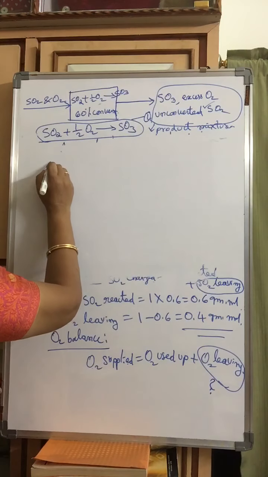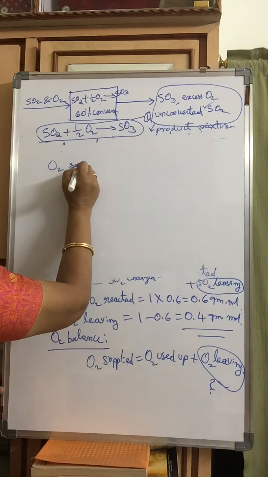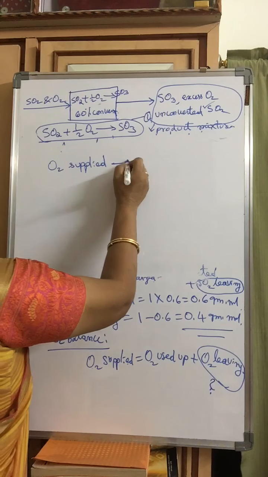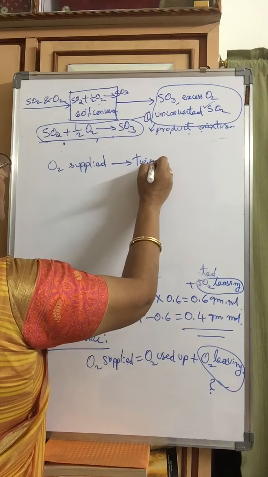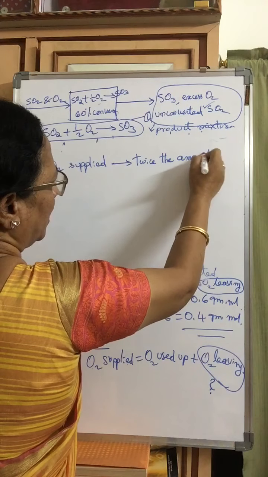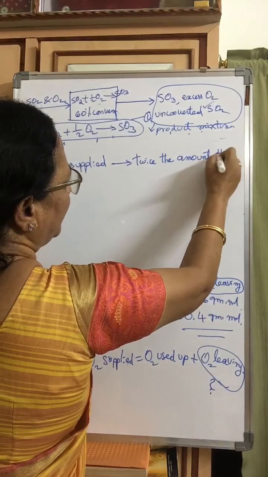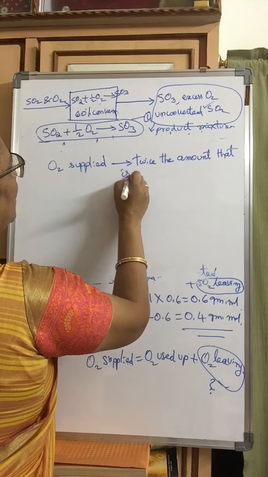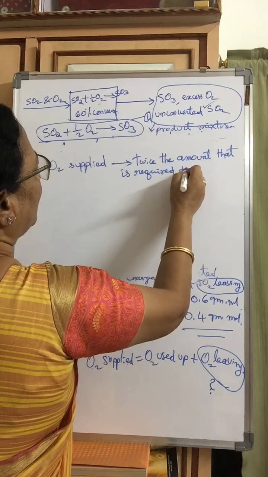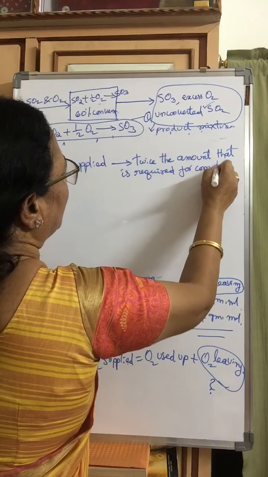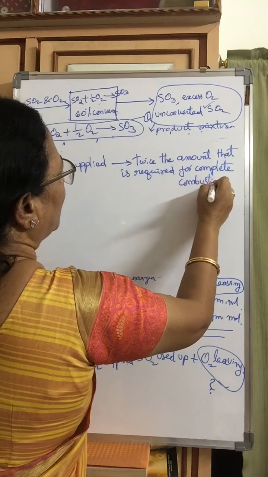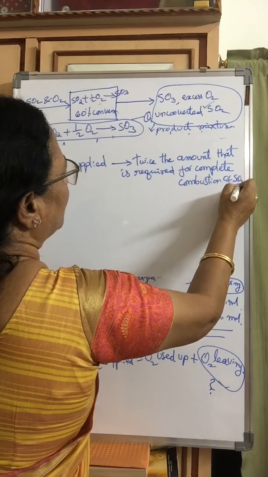So oxygen supplied. For this, what is given in the problem? We need to read it carefully. Oxygen is supplied twice the amount that is required for complete combustion of SO2.